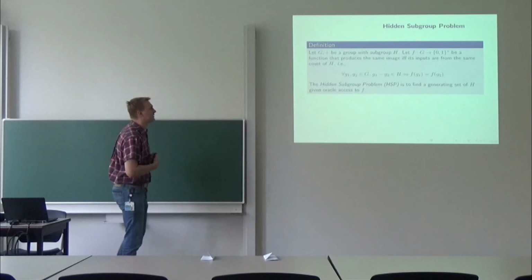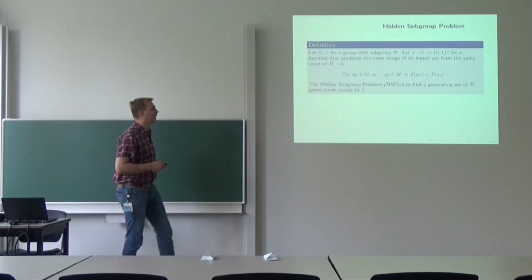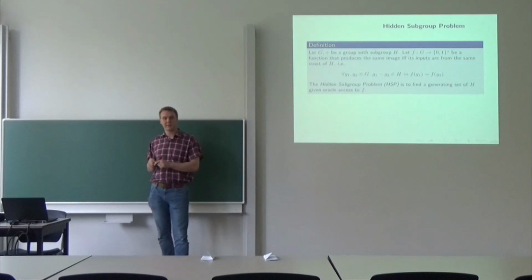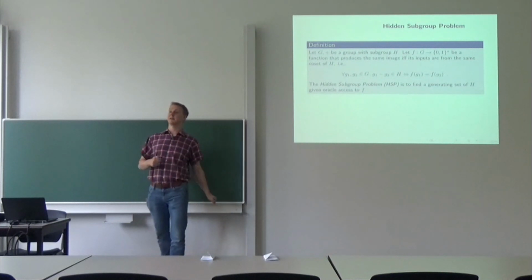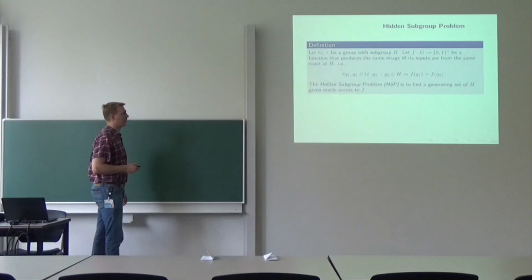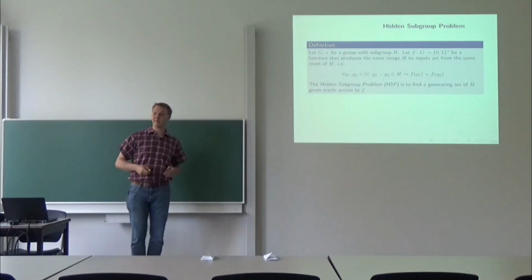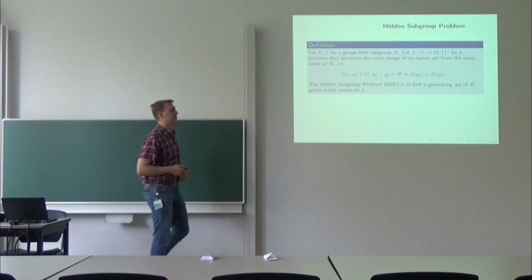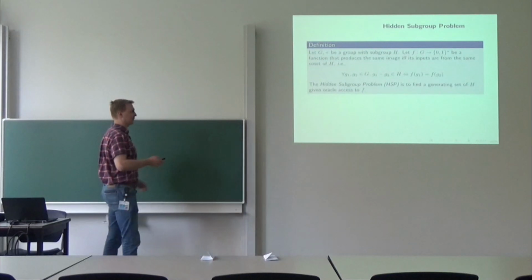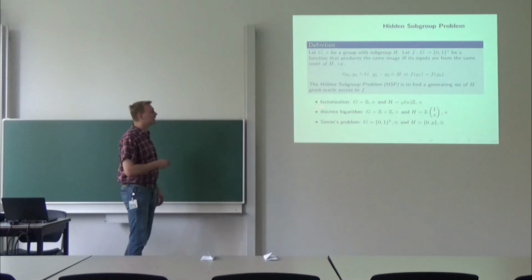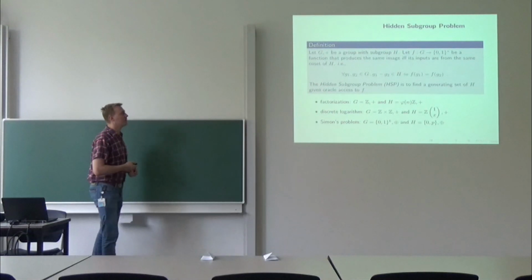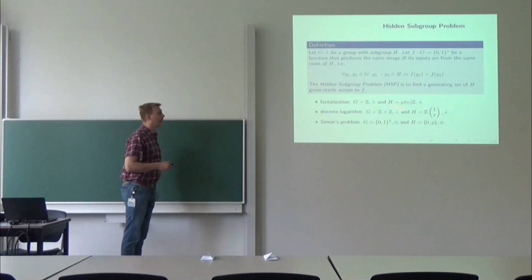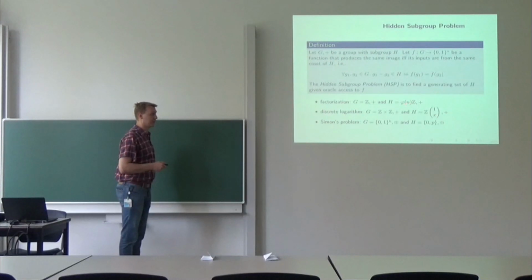Formally, f hides the subgroup H if f is constant on cosets of H, but different between cosets of H. So you're given access to such an f. The task is to find a description of H in terms of generating elements, a basis of generating elements. So integer factorization can be described in this form, where G is the integers and addition, and your subgroup is the multiples of the order.